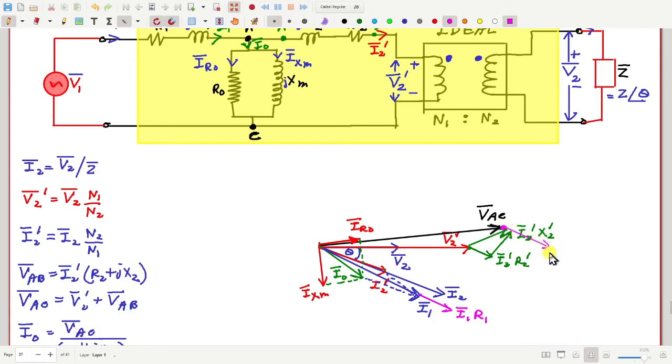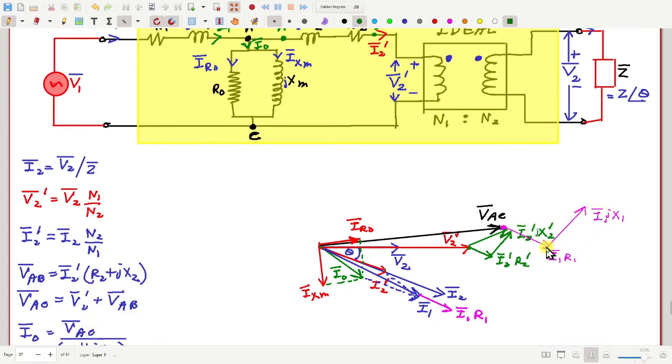So this is I1 R1, and similarly, I am drawing it larger. I1 X1 will be JX1, actually will be here. Yeah, I should also put a J here.